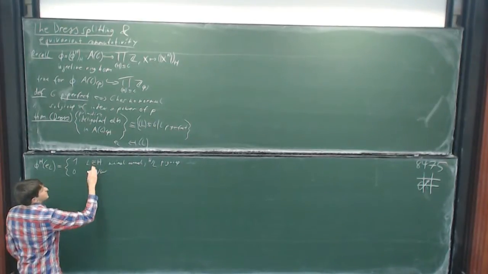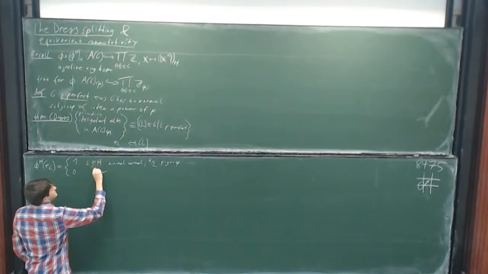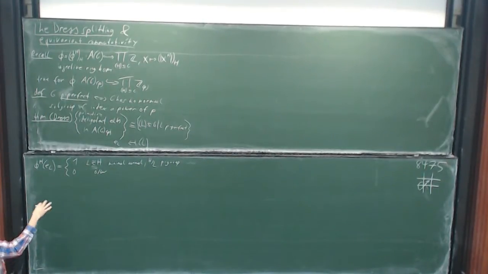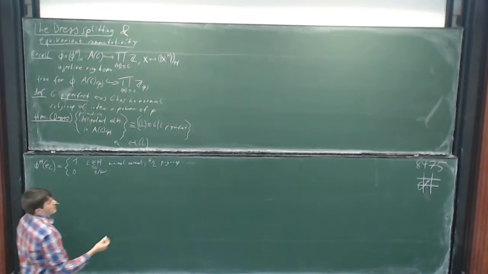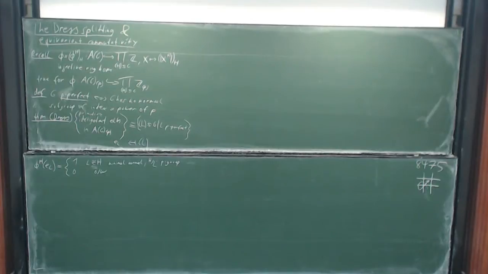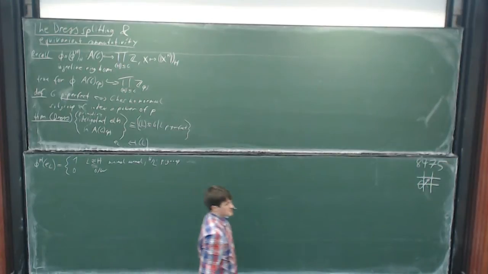Oh, this is subconjugate. I guess some people would write something like this. I mean, up to conjugation, L sits in H. So here I should probably write L prime, because only a conjugate of L will actually sit in H as a normal subgroup. No, I don't think so. I can check my notes, but I think it's correct.